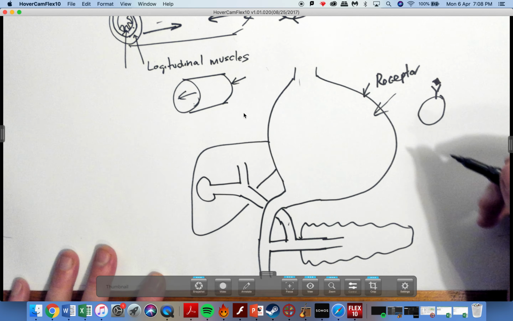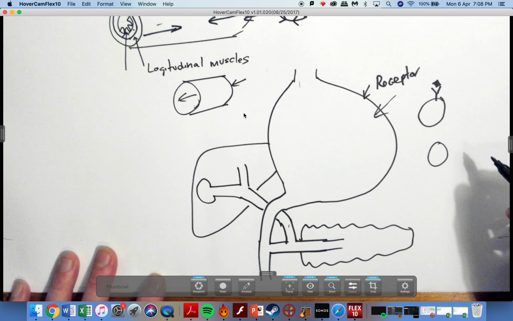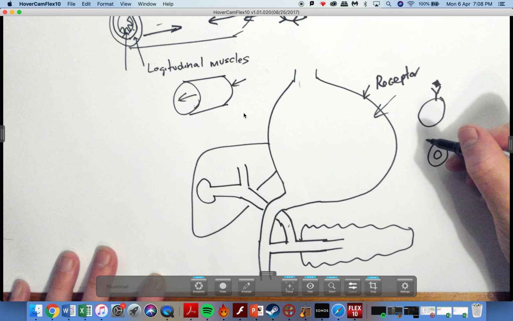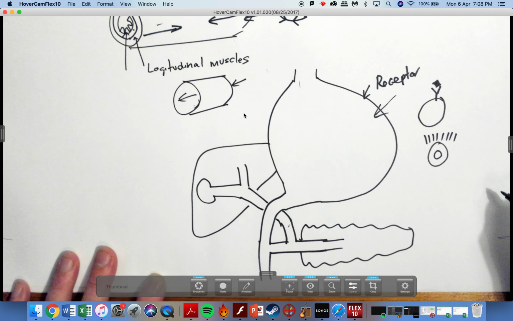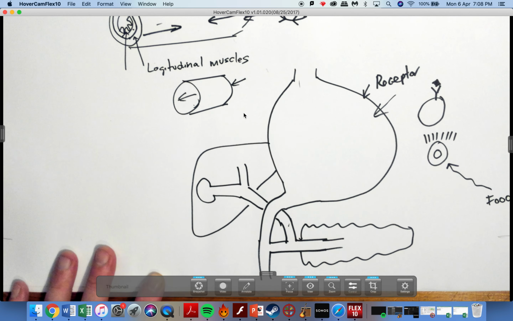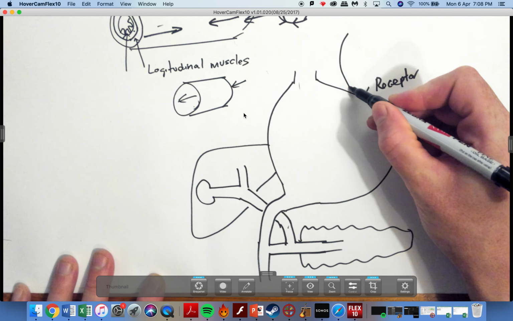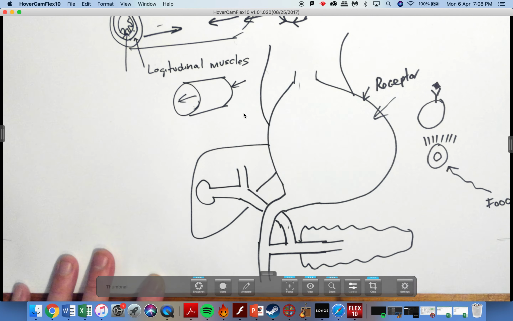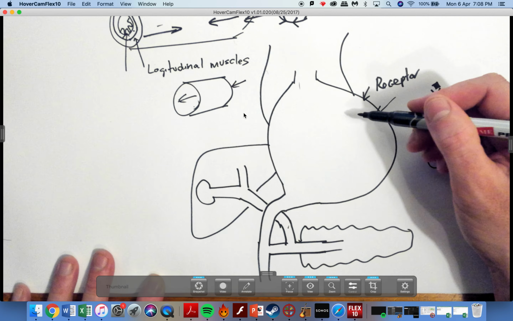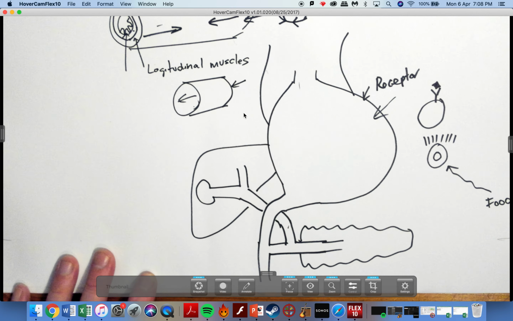Also when we see food, this is my eye, or if we smell food, then we're also going to get nerves coming down, and we'll deal with this in the next bit. Nerves come down and they're going to tell the stomach to start to secrete things.